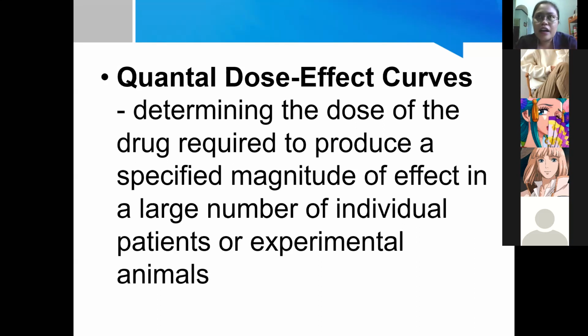Again, the goal of the quantal dose effect curves, ginabuhatan nila og graph kung unsa na dose ang most likely effective to the majority of the population or a large number of individuals or patients or even animals.